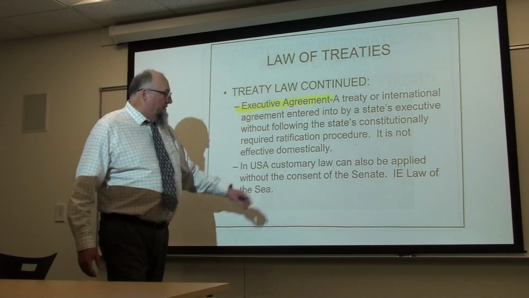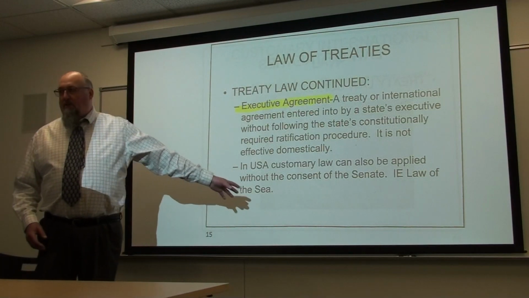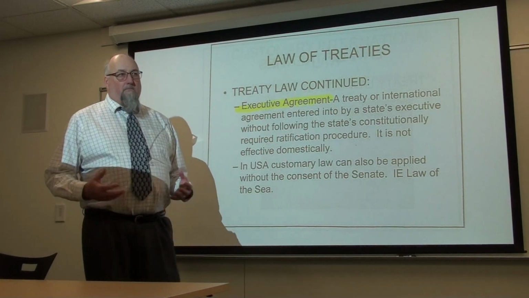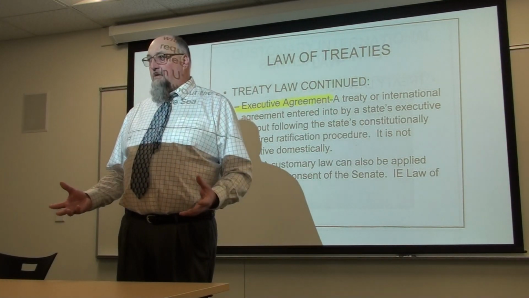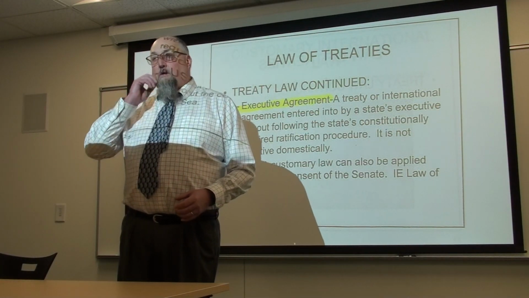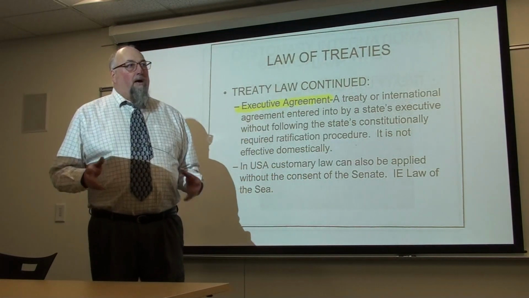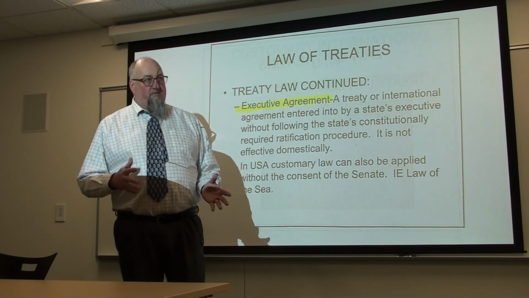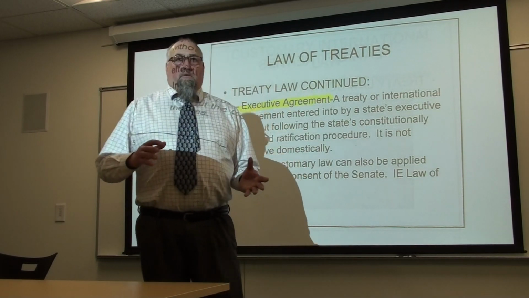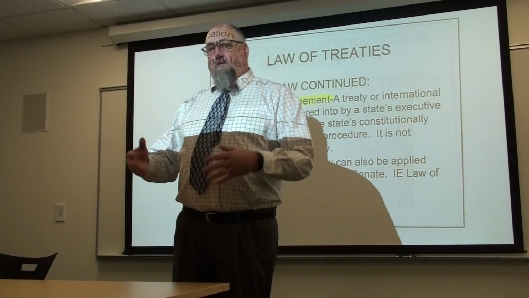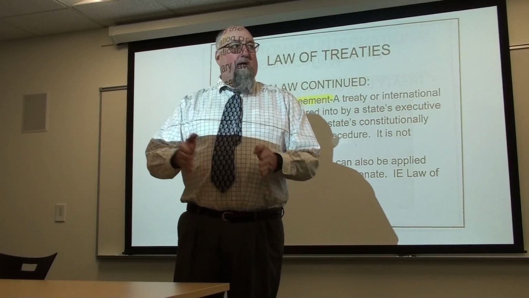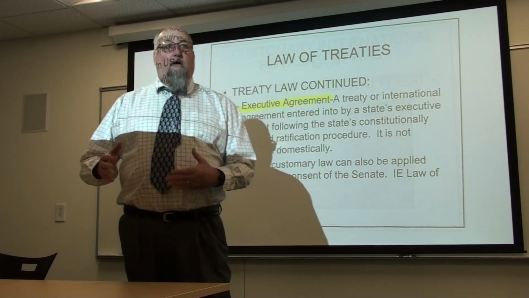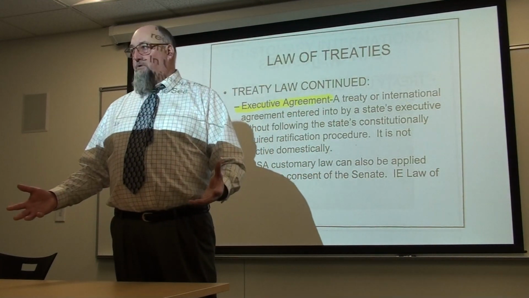So I give the example here, the law of the sea, Convention on the Law of the Sea. The United States has never formally adopted the Convention of the Law of the Sea. It's the United Nations Convention, and I've talked about this before. However, we have had a number of different presidents and secretaries of state publicly make proclamations: we will follow certain provisions of the law of the sea because they are customary law, like navigational rules.